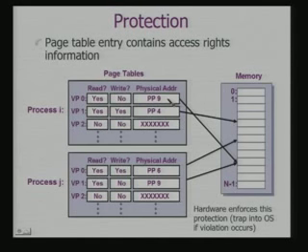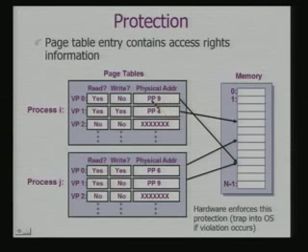If I have a library routine or a common procedure to be used by more than one process, I can keep it resident in the physical address space, and for that physical page I shall give read permission to all the processes that need it, but I shall not provide write permission to any one of them.